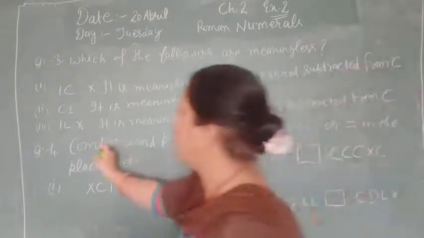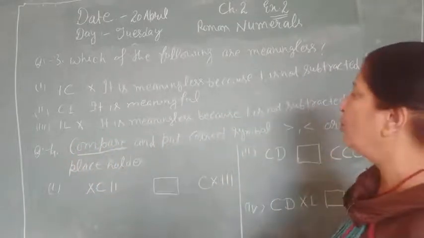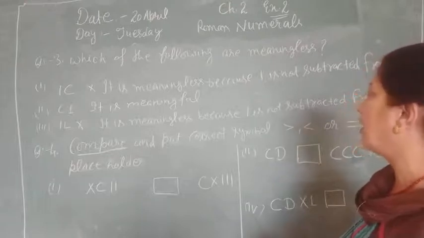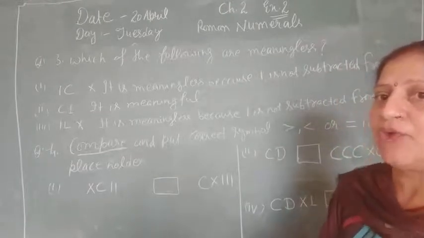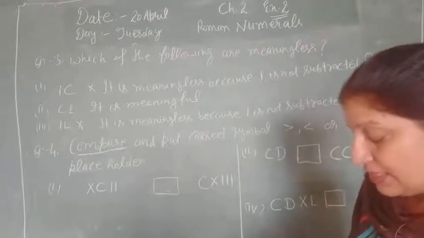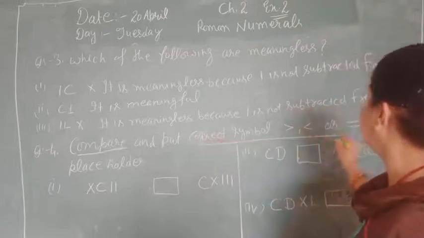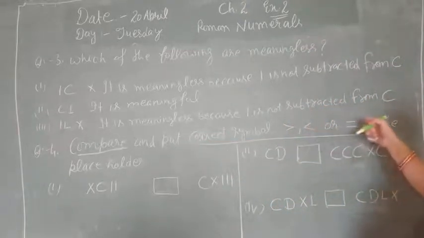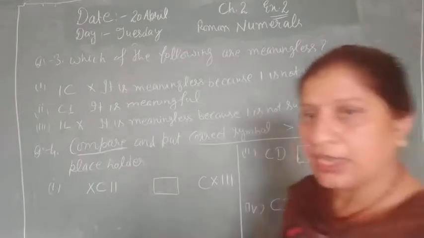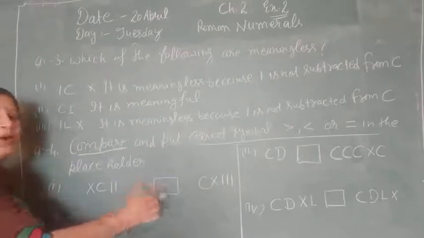After comparing the numbers, you have to put the correct symbol. The correct symbol is the greater symbol, smaller symbol, or equal symbol. Clear? In the placeholder means you are given a box.